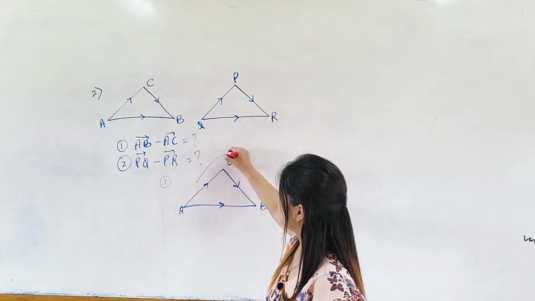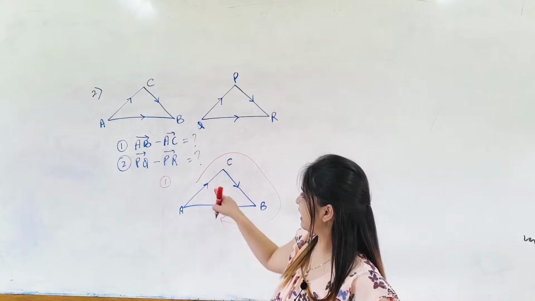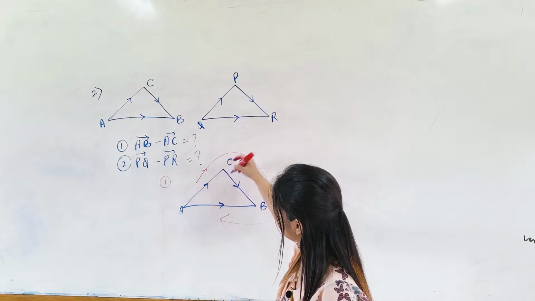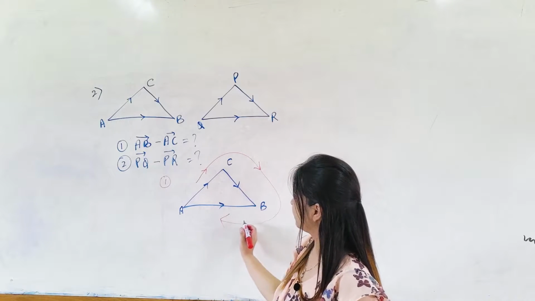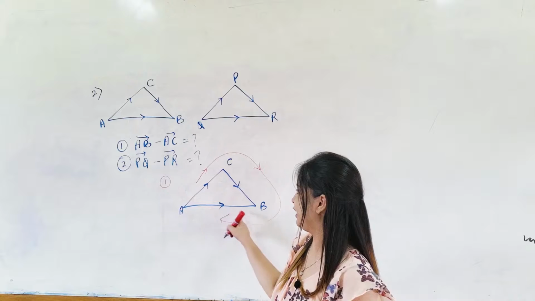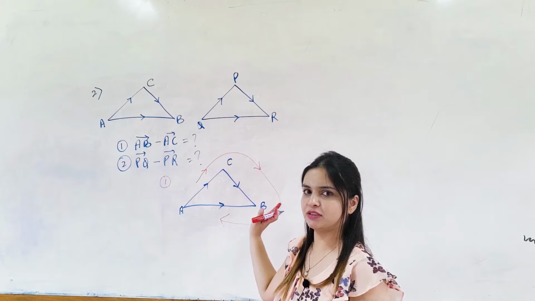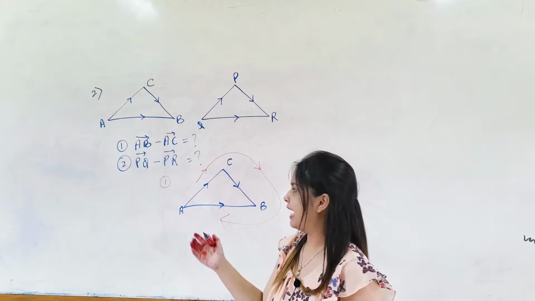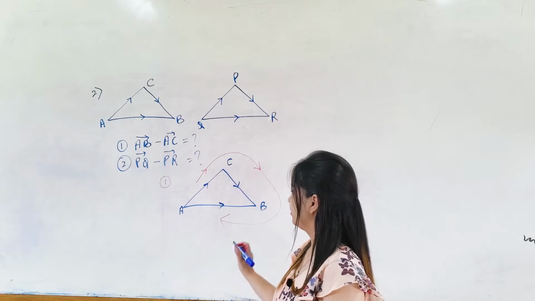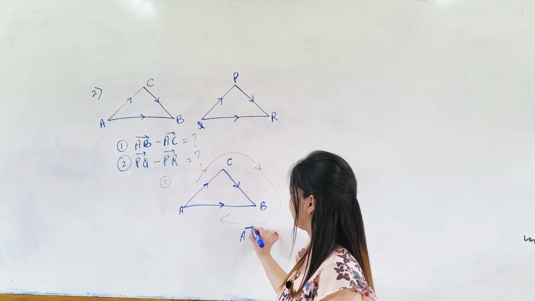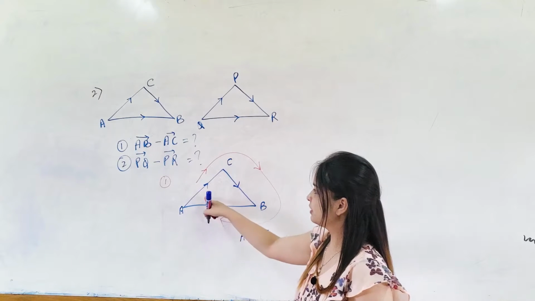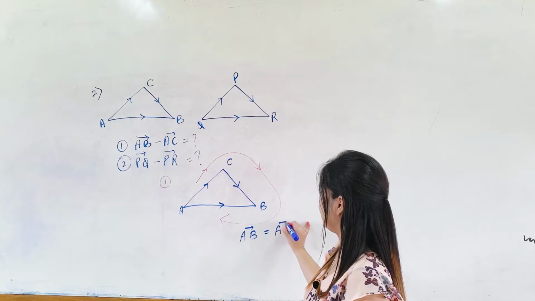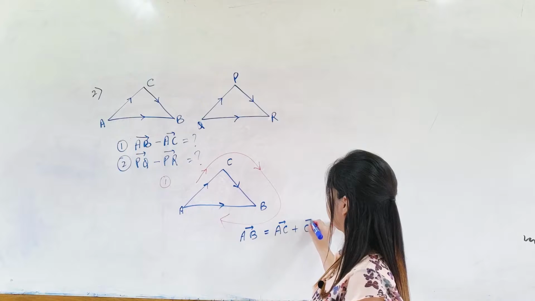Okay. So, if I go in the clockwise direction, I can see that my AC and CB, they are going in the same direction, and my AB is going in the opposite direction. So, the side that goes in the opposite direction is the resultant. And what is the resultant equal to? Resultant vector AB is equal to the sum of the other two vectors, which is AC plus CB.